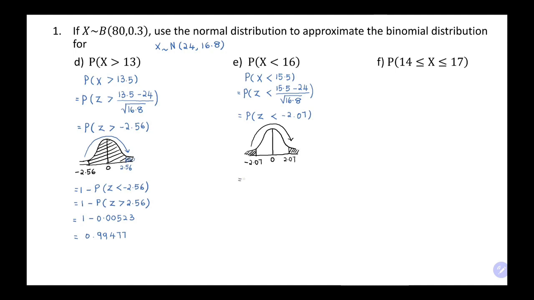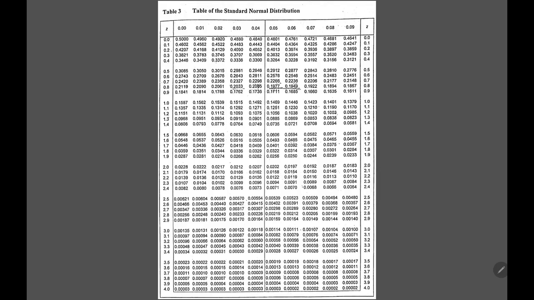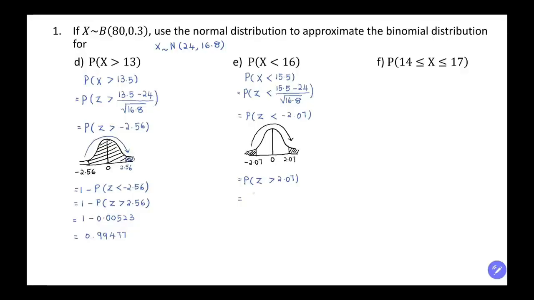So we change it to P(Z) greater than 2.07. Then we check from the table. Greater than 2.07, 2.07. So we have 0.0192. So we put the answer 0.0192.